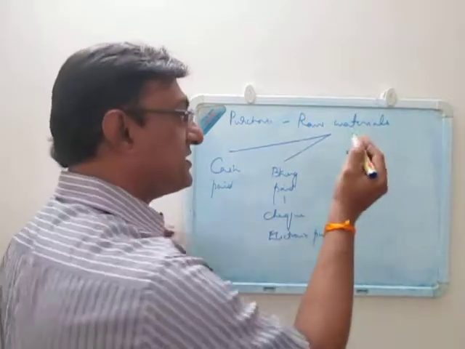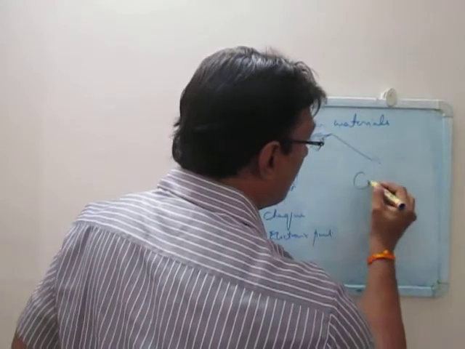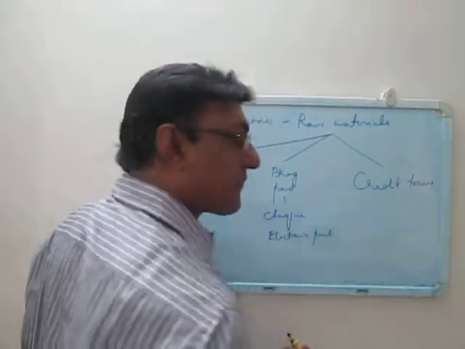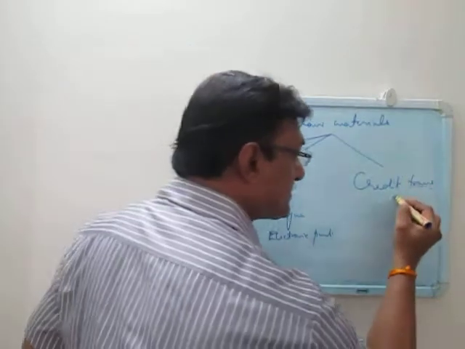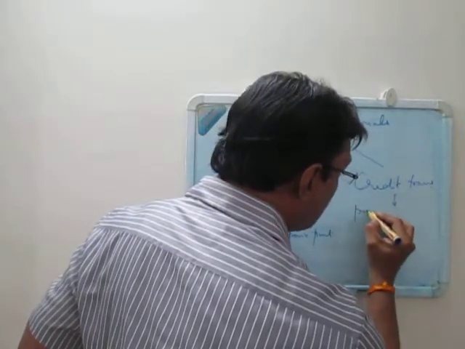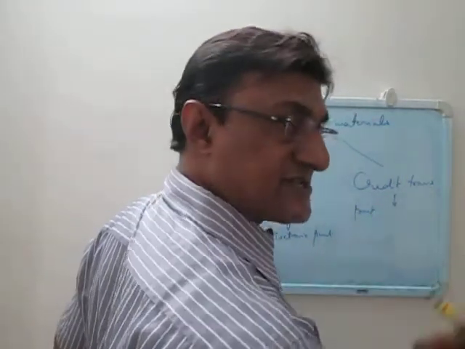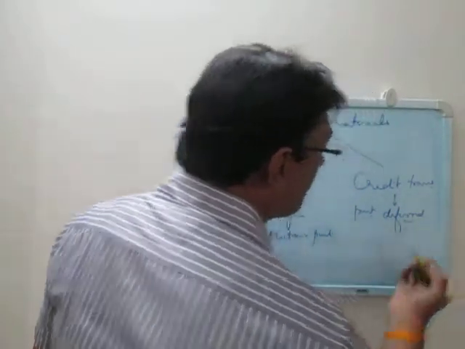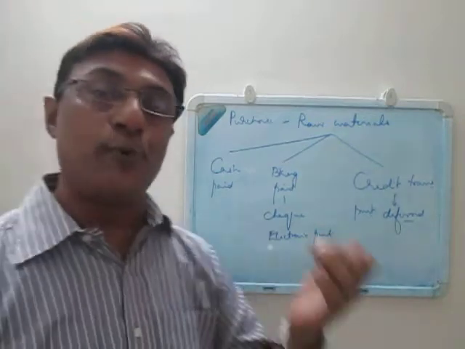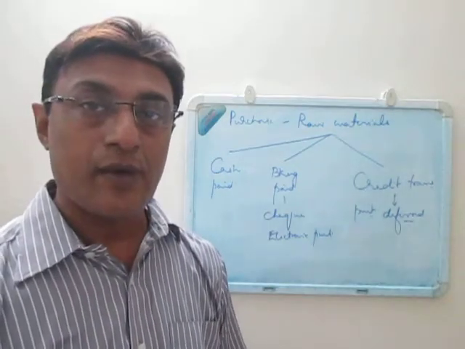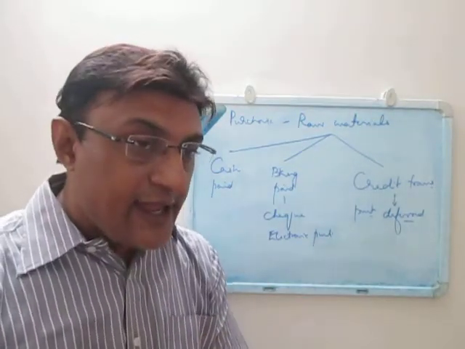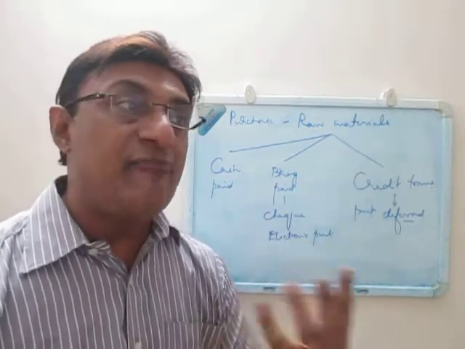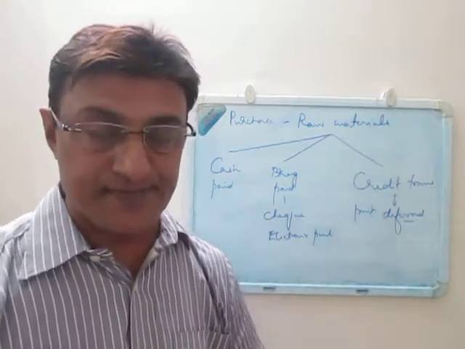A third method is what we call a credit transaction. In a credit transaction, the payment for the purchase is deferred or postponed. Let us say I as a business, while purchasing goods, have been given a 30-day credit.